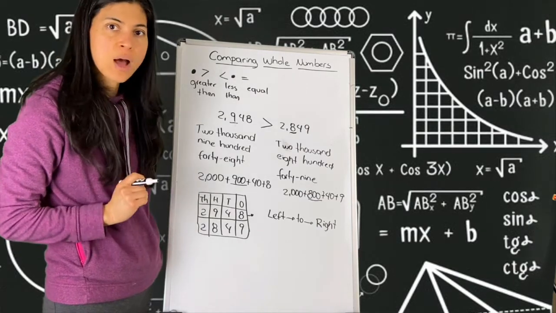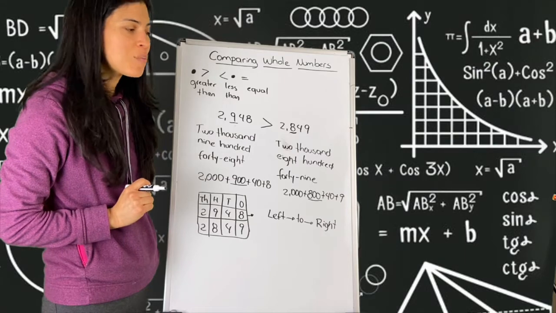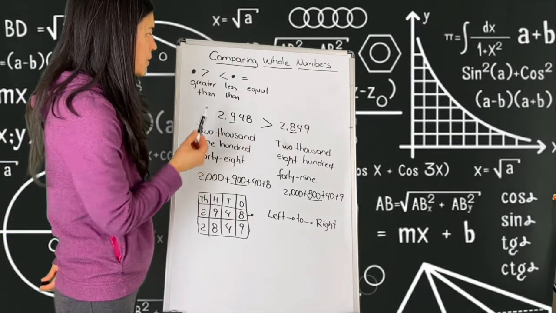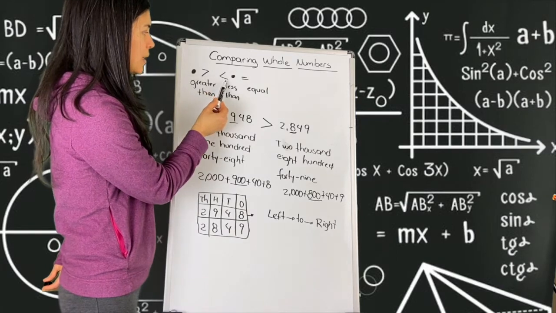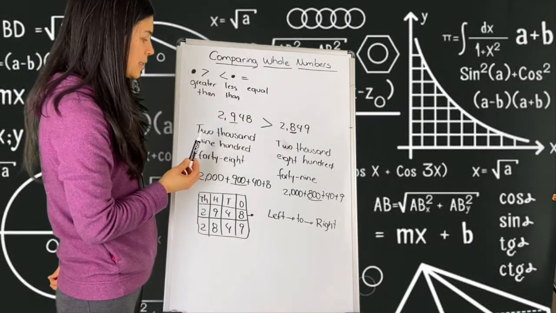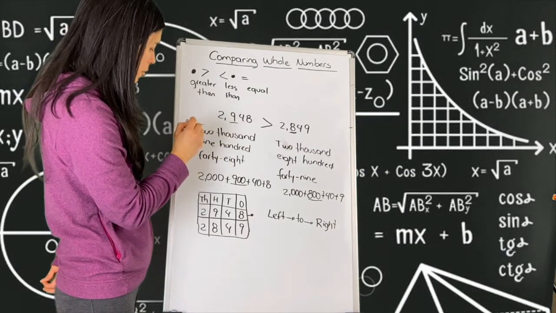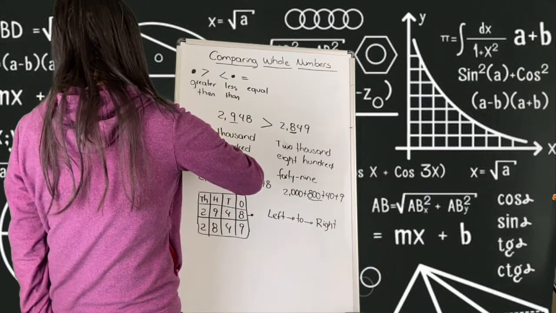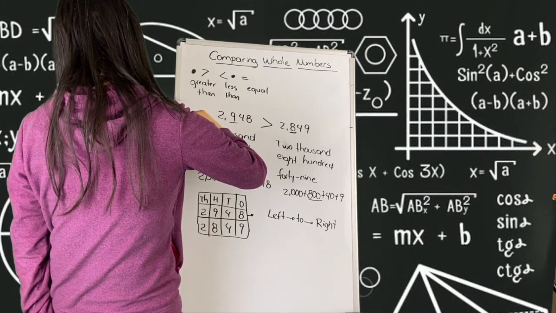You now have a worksheet to complete. You will have numbers to compare. Remember to use the symbol greater than, less than, or equal. The first part of your worksheet says to write the word form, which is this one. This is the word form.